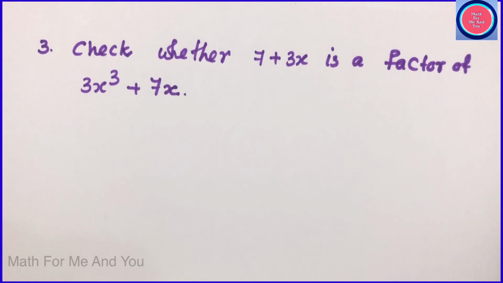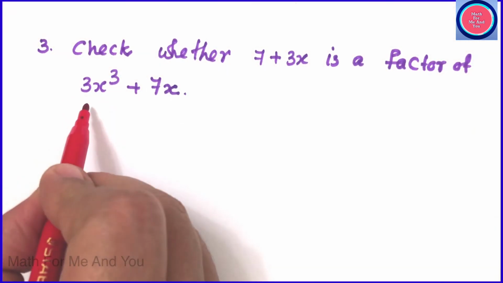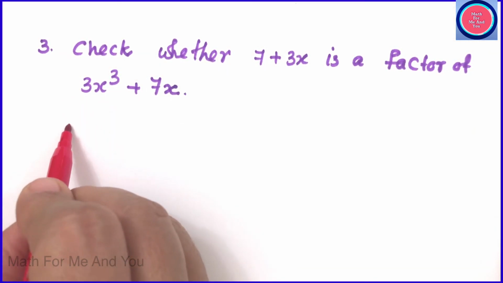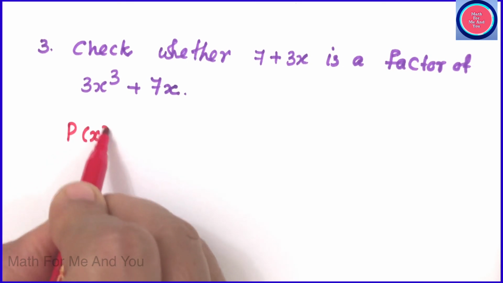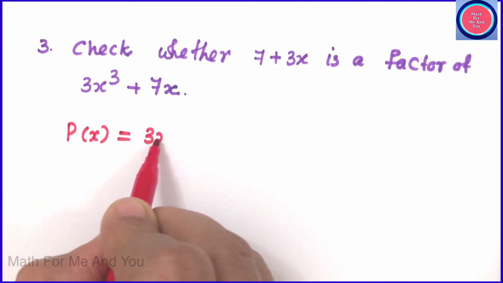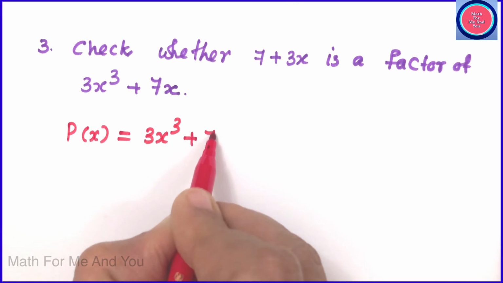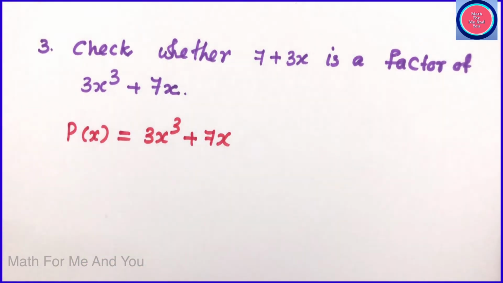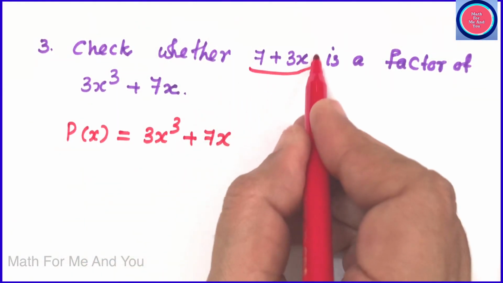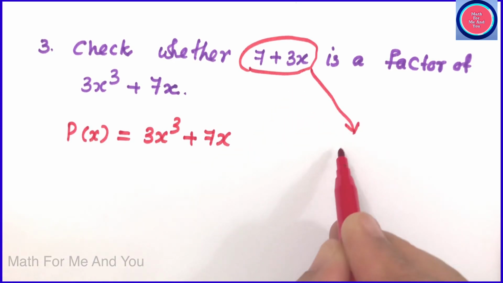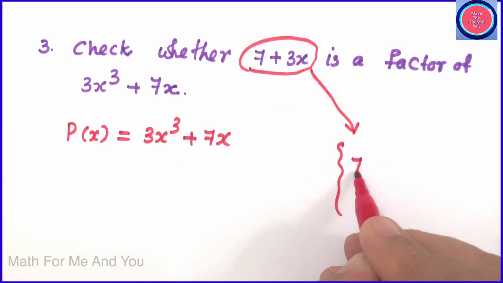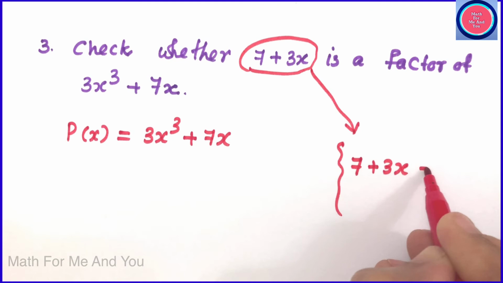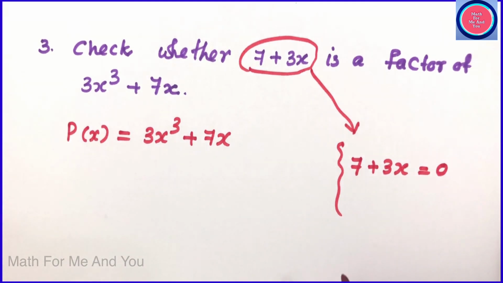Question 3. Check whether 7 plus 3x is a factor of 3x cube plus 7x. Here p of x, the polynomial, is 3x power 3 plus 7x. Now we have to check whether 7 plus 3x is a factor or not. How to check? If it is a factor, when we substitute the x value in p of x, that means p of a must be 0.